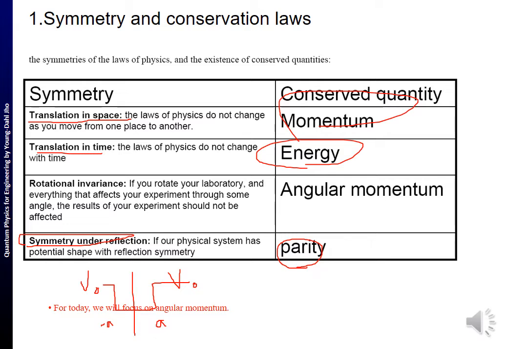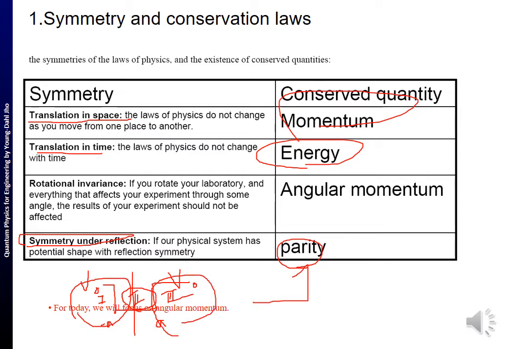So region 1, 2, and 3, and then in region 2 potential is 0 from minus A to plus A, and region 1 and region 3 have the symmetric potential. We can see they have mirror-like reflection between this side and this side.